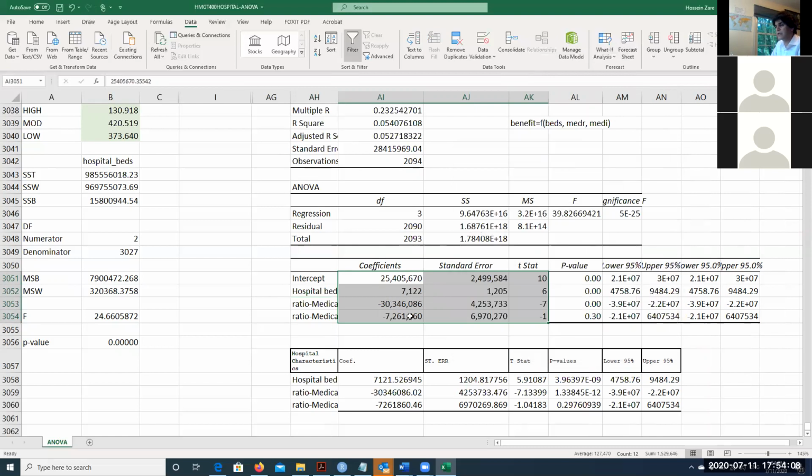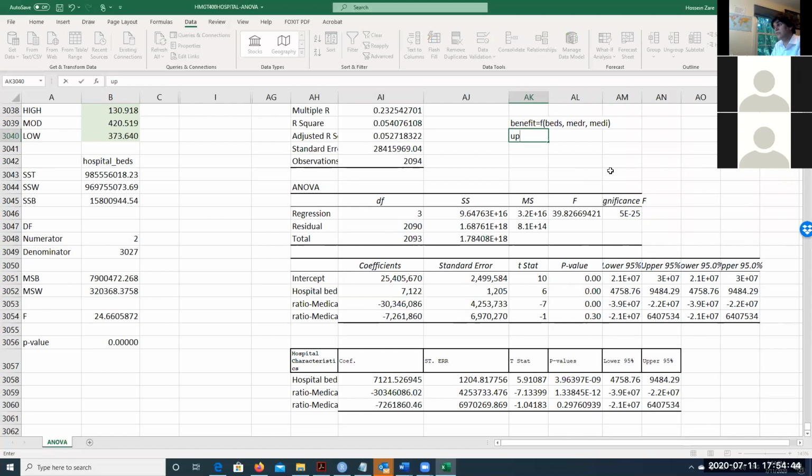Okay. So the intercept is $25 million. I mean, a hospital in our sample has $25 million in benefits without considering anything else. But if you look at the hospital beds, for every hospital bed increase you expect to see an increase in benefit. Look at the sign, it is up, right?